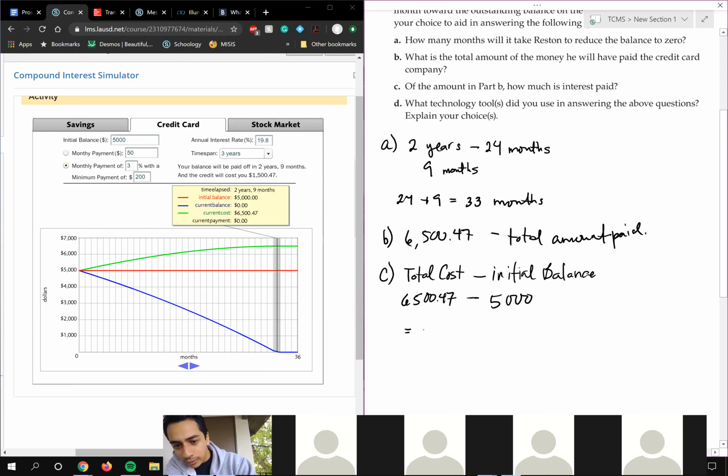So that would have been 1,500 with 47 cents. That is the interest paid over the lifetime of the loan.